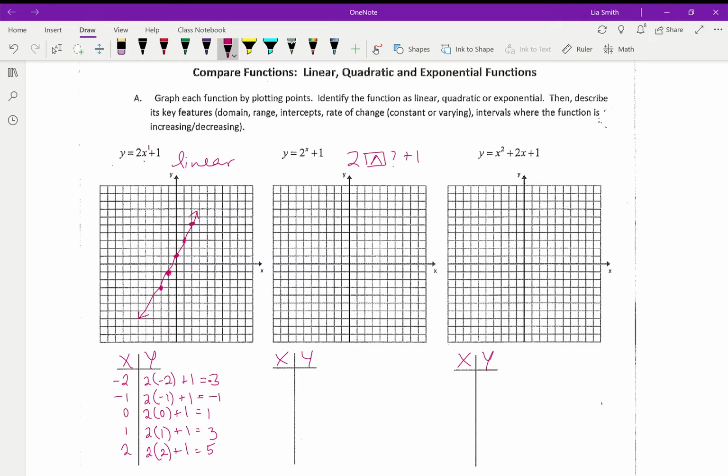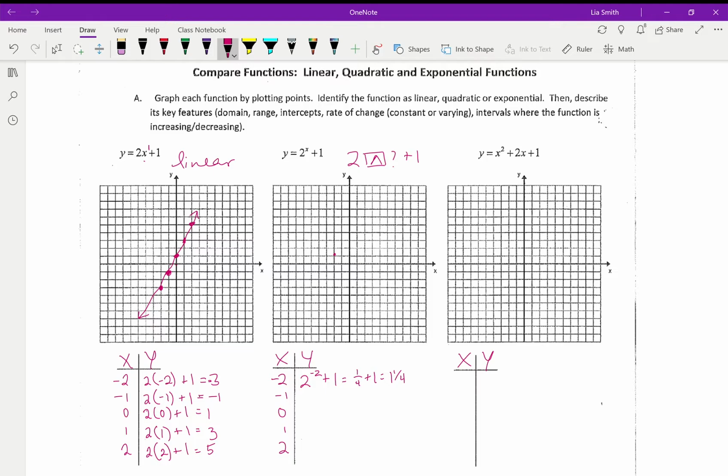If I choose the same values as before, -2, -1, 0, 1, and 2, I get 2 to the negative second power plus 1. That ends up being 1/4 plus 1, which gives me 1 1/4. On my graph, that's -2, 1 1/4.